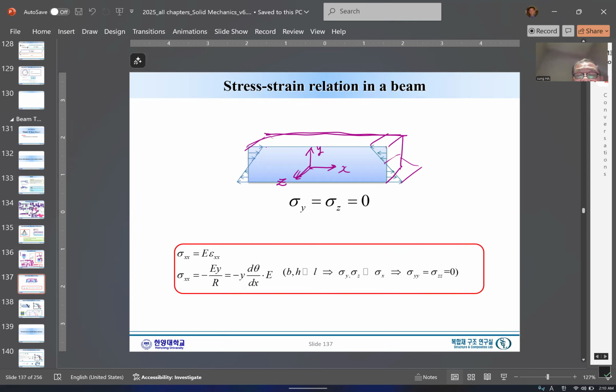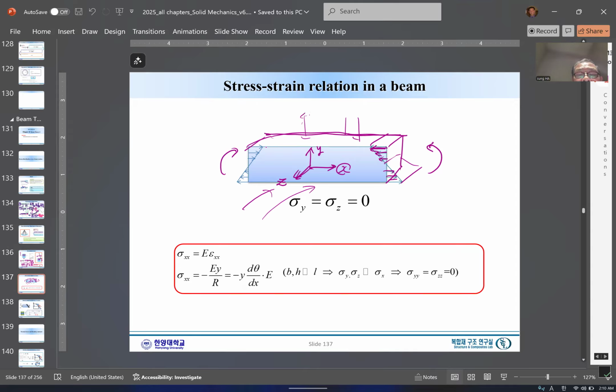So we are applying the moment. The moment will create this stress in the x direction, right? Assuming that we don't apply any y stress and we don't apply any shear stress here.